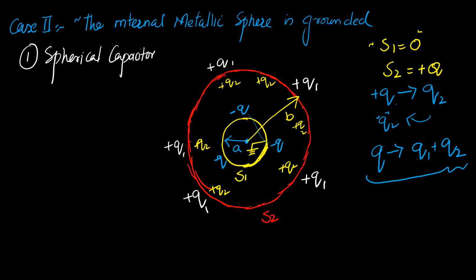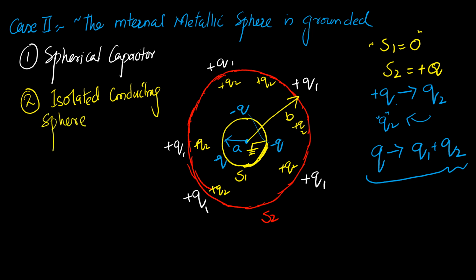So the total capacitance will be the capacitance of the spherical capacitor plus the capacitance of the sphere.